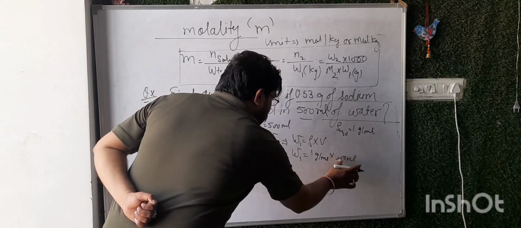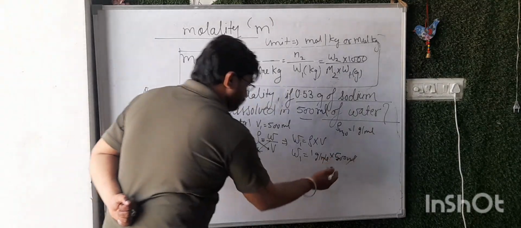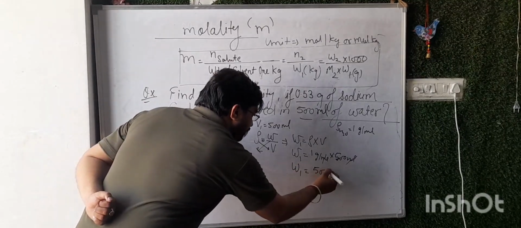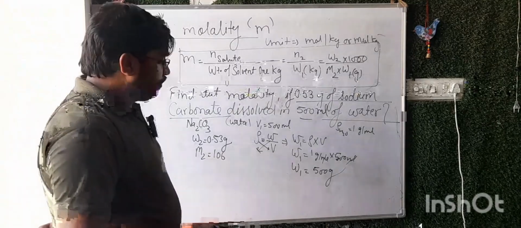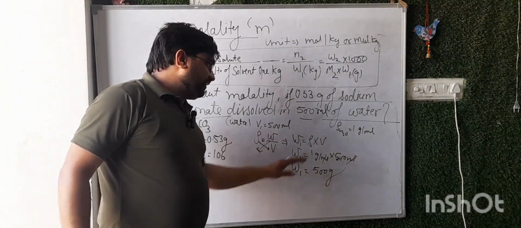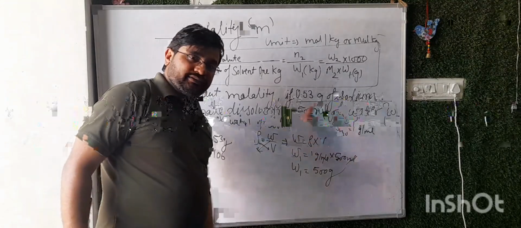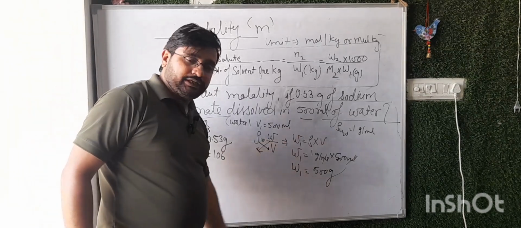Now milliliter cancels, only gram is left. So W1 equals 500 gram. Suppose the solvent is given in milliliter, then definitely the density will be given. Use this formula and convert the value into gram.